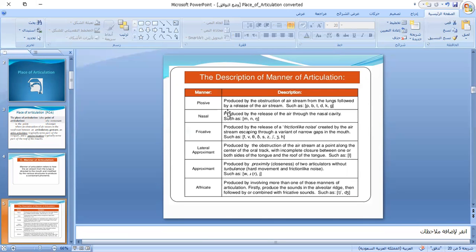The articulators are near or touching each other, but the air passes out. So these are fricatives.